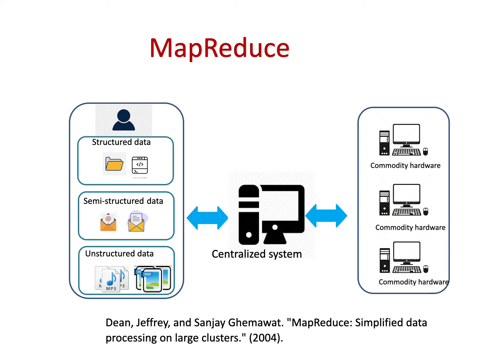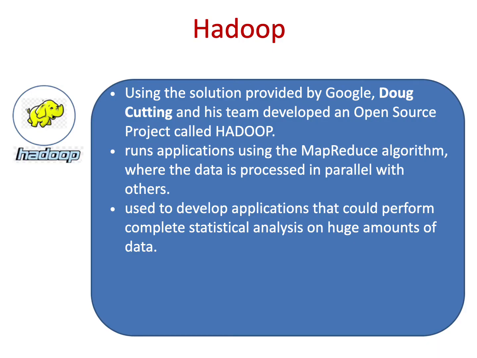Based on this solution provided by Google, Doug Cutting and his team developed the open source project called Hadoop. It runs applications using the MapReduce algorithm, where data is processed in parallel with others, and it is used to develop applications that can perform complete statistical analysis on huge amounts of data.